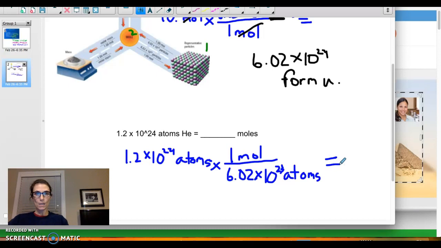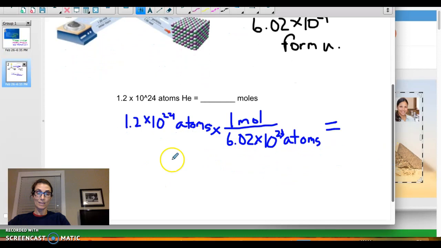If you were to plug these numbers into your calculator, you're going to get an answer of 2. Since we have 2 sig figs in the number that we started with, we're going to round our answer to 2.0 moles of helium. So that is our answer.